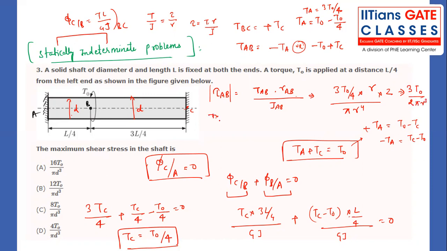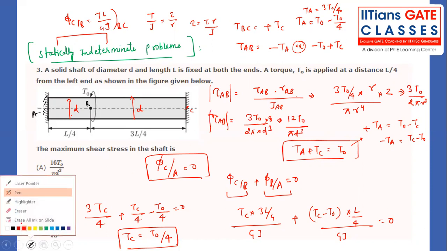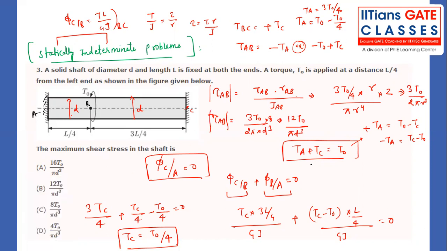So from here, tau AB is 3T naught divided by 2 pi r cubed, which is d cubed divided by 8, giving 12T naught divided by pi d cubed. This is the magnitude of the maximum shear stress in the AB member, right? Getting my point. What is tau in the BC member? TC is T naught by 4.